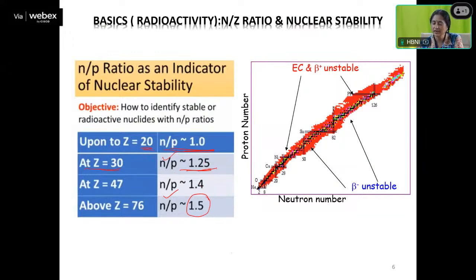You can see this is the ideal line. Beyond this, if an element has more protons, then it can undergo electron capture or beta plus decay, and it is unstable. And if on this side the number of neutrons is more, then it will undergo beta minus decay, so that they tend to bring their N by P ratio as close as possible to 1 to attain stability.